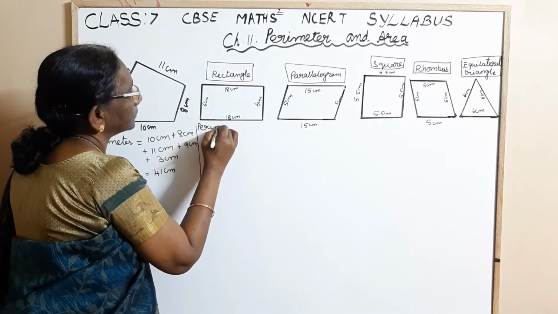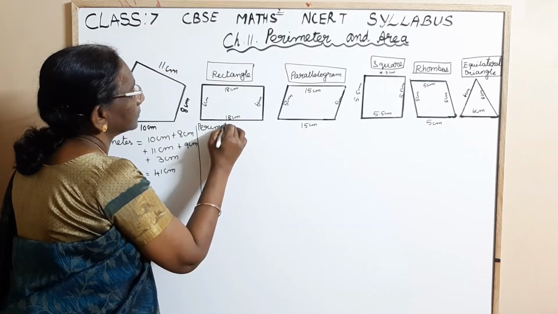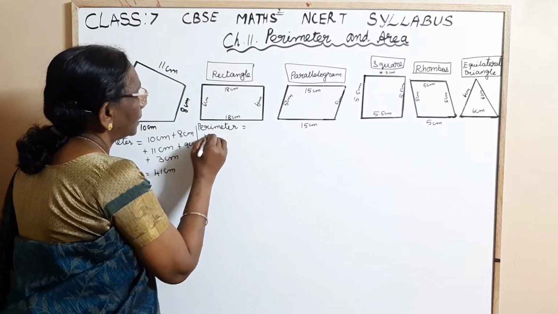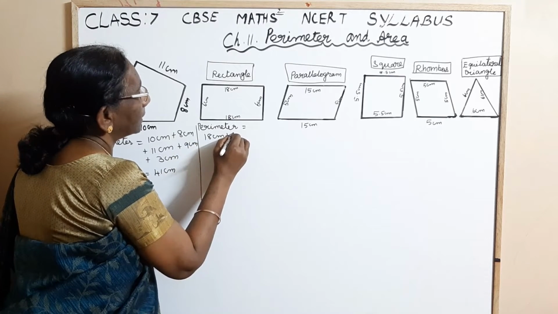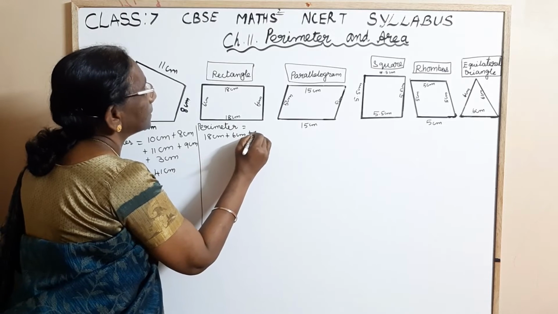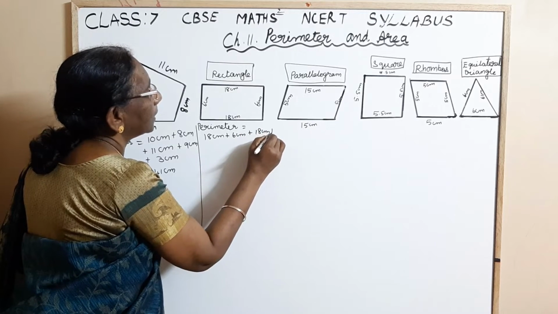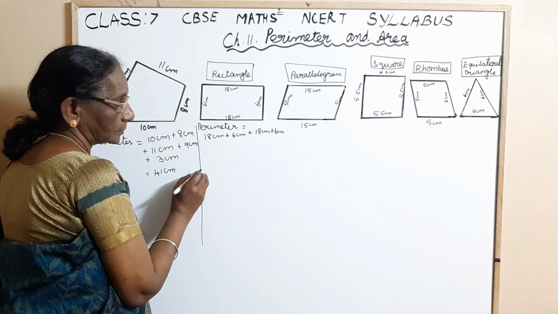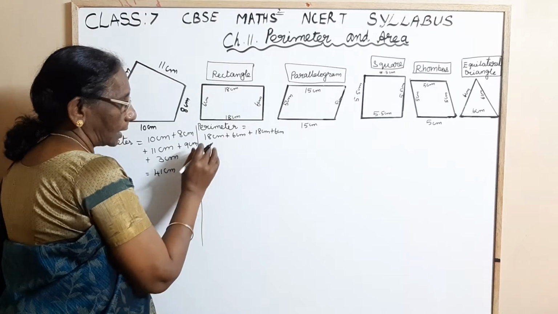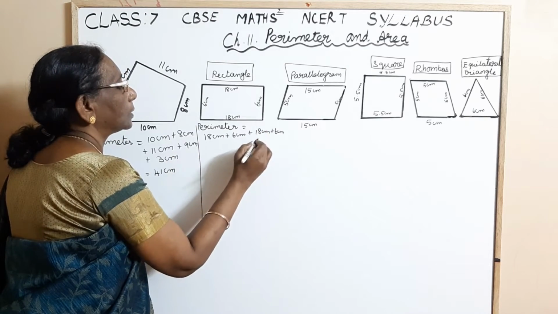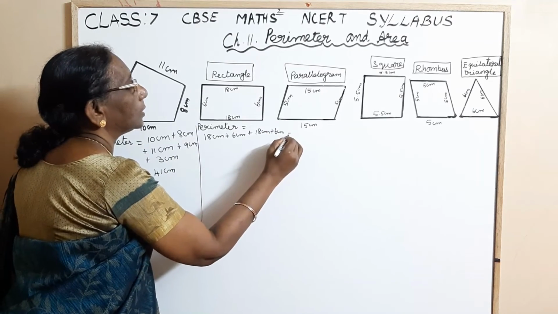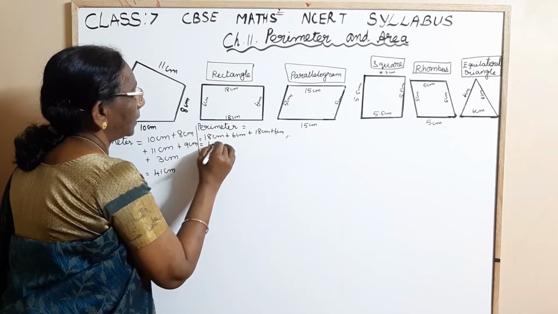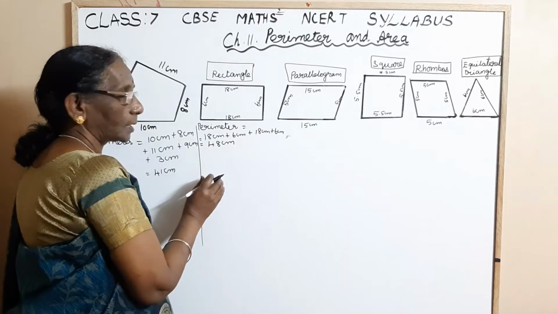Perimeter is equal to what? 18 centimeter plus 6 centimeter plus 18 centimeter plus 6 centimeter. What is 18 plus 6? 24. 24 into 2, 48. That is equal to 48 centimeter. Isn't it?